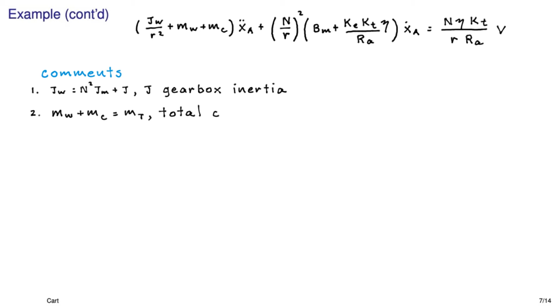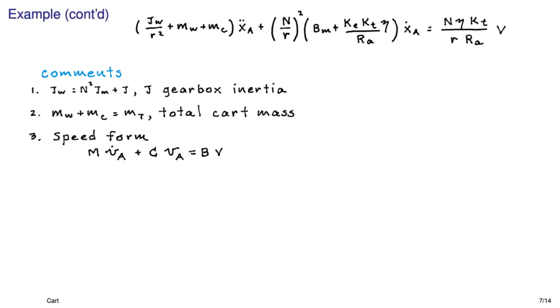And here, this is interesting. MW plus MC is the total mass of the cart. And remember, MW is the mass of the rotating bits of the motor, the armature, anything inside the gearbox that's rotating, and the wheel. And MC was the mass of the cart without all that stuff. So it makes sense that the total mass of the cart would be the sum of those two, and that it would be sitting right there in front of XA double dot.